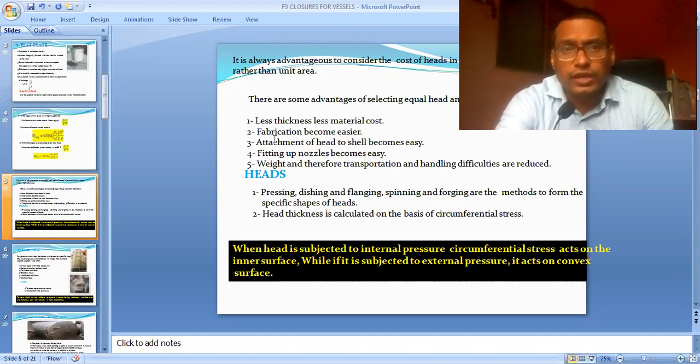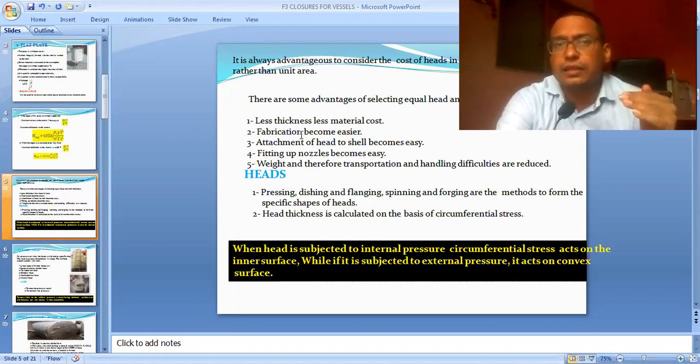So we have less thickness and less material cost. Fabrication is also a consideration: when the thicknesses are higher, fabrication becomes more and more difficult, cutting to the desired dimensions. Then attachment of the head to the shell should be made easy.